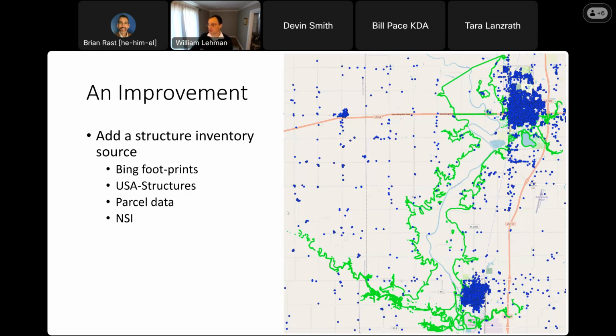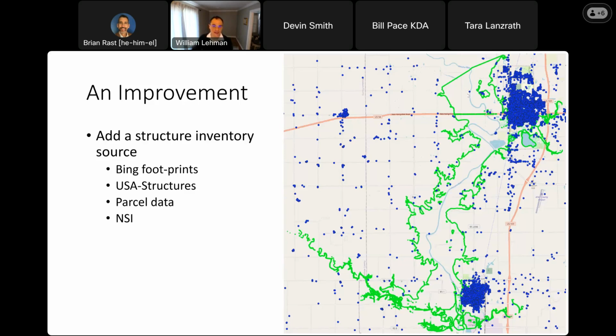Of course, that by itself still really isn't much. I would know, for instance, that this structure right up here is present in the structure database that I'm using. I know that it is inside of the green polygon that represents the SFHA, but that's about all I know. I don't know what kind of structure it is, depending upon my data source. If it's Bing footprints, I just know the footprint is there.